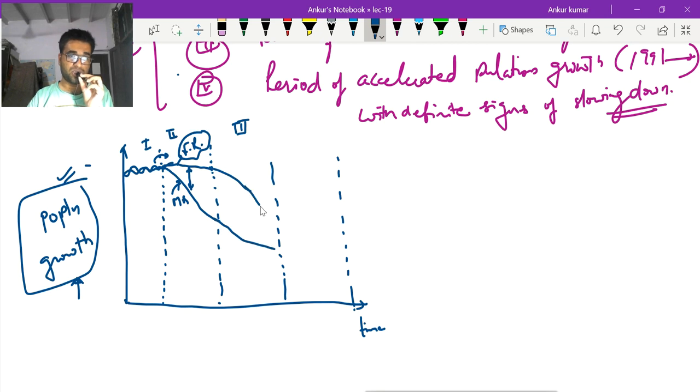In the late stage 3, the fertility rate declines very fast. And in the 4th stage, the fertility rate and the mortality rate become very low, but the mortality rate starts increasing. So this is the 4th phase.